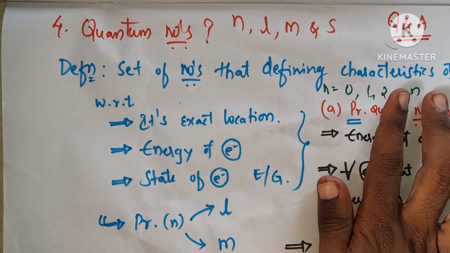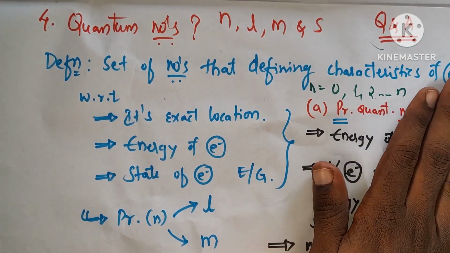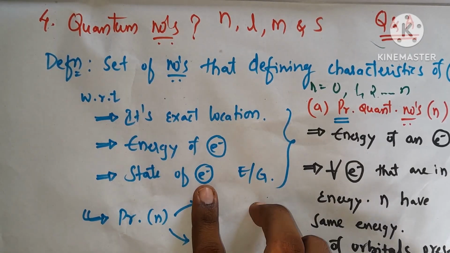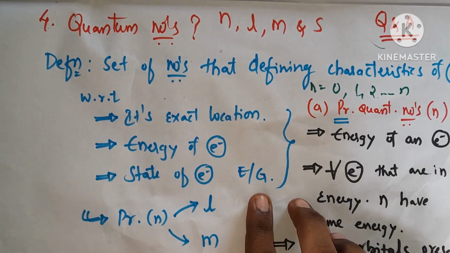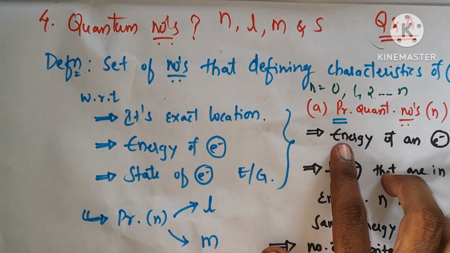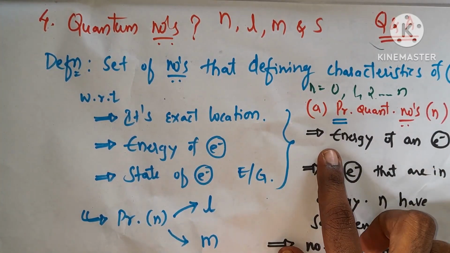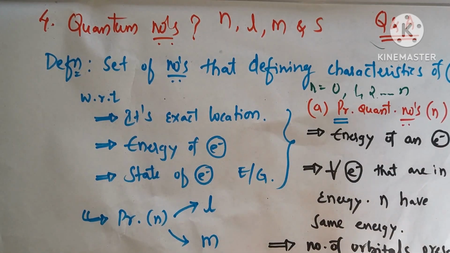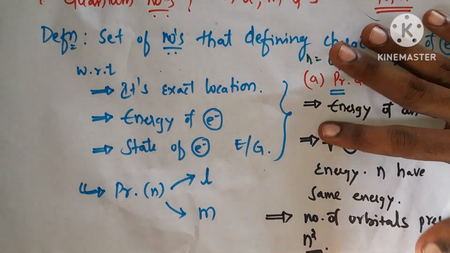Thus, with all this brief information, we will be concluding the topic of quantum numbers. They are the set of defining characters for any particular electron with its exact location, energy of electron, and state of electron, that is excited or ground state. Principal quantum number is denoted by n. It gives the energy of the electron, and it also states the orbitals, where the number of orbitals has n square value.